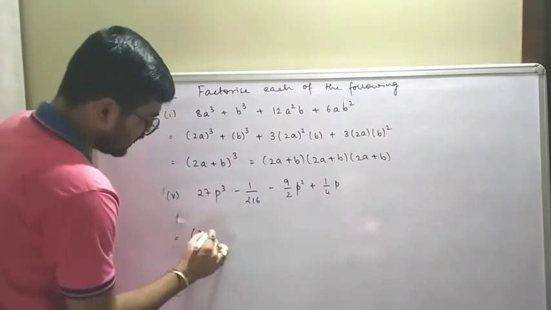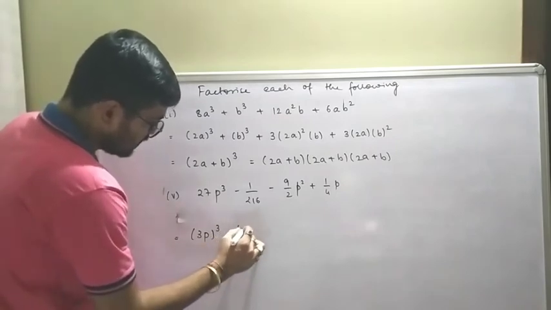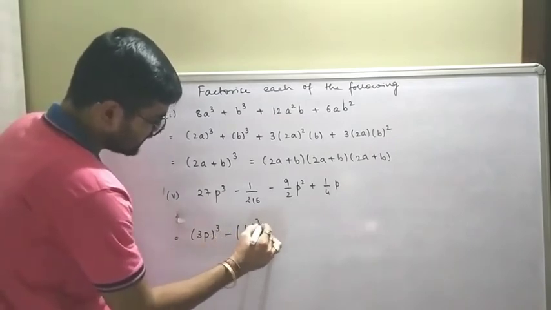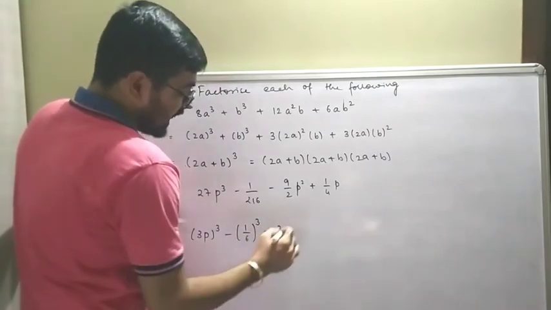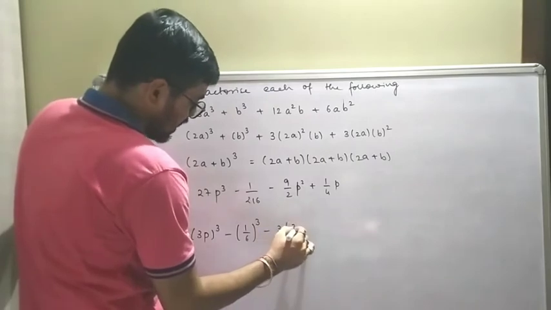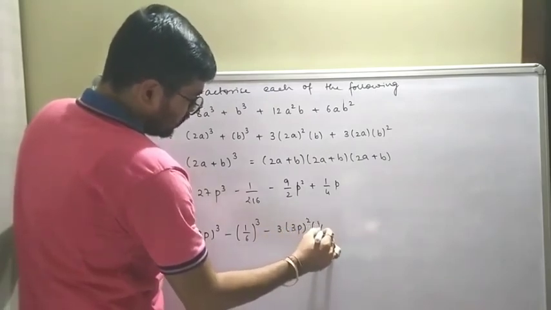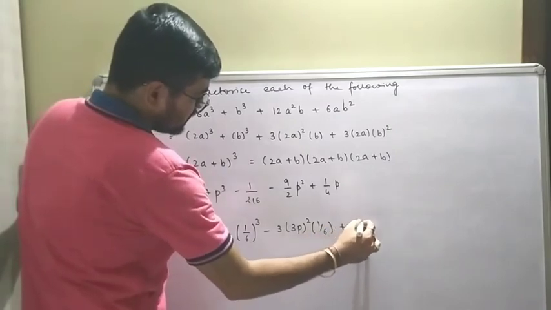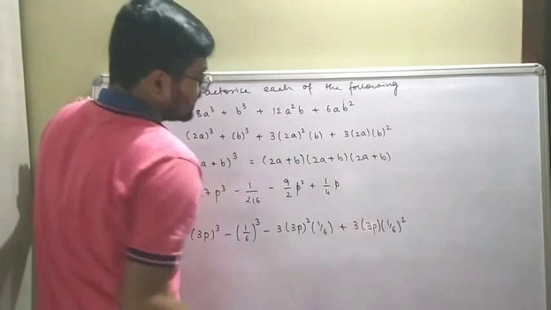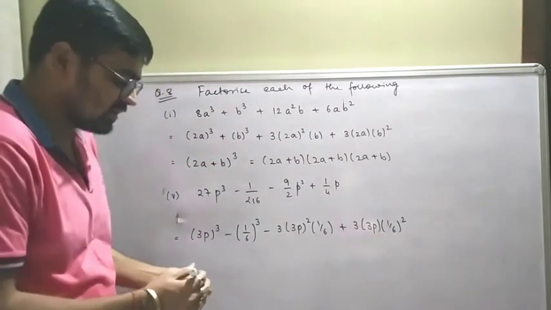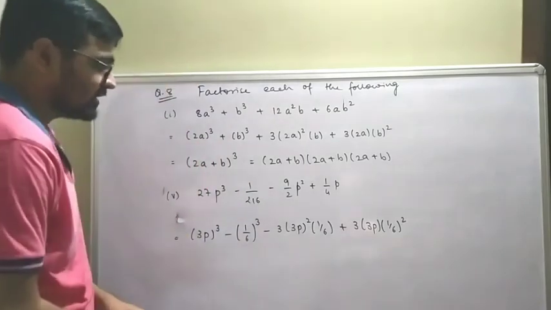So how am I going to write this? This becomes 3p cube minus 1 by 6 cube minus, look carefully, 3 times. Now it is p square, so I will write 3 times 3p square into 1 by 6 plus 3 times 3p into 1 by 6 whole square. Now you will always think that, sir, you just know all this. No, it is not that I just know.